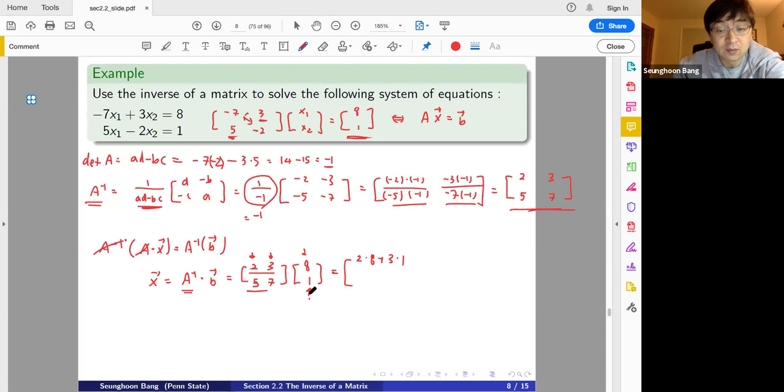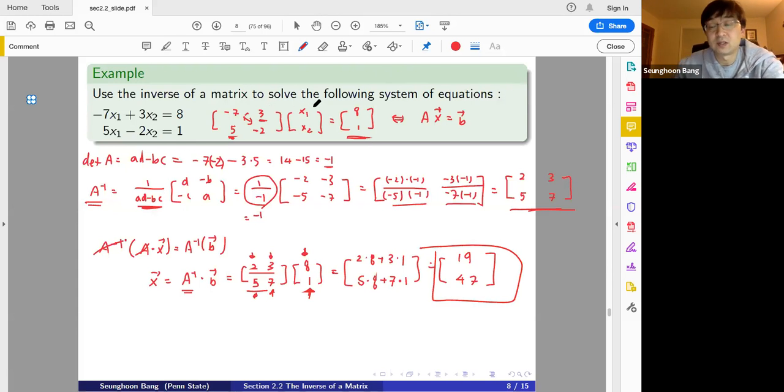The second row times this vector: 5 times 8 plus 7 times 1. So what's that? 16 plus 3 is 19. 40 plus 7 is 47. That's it. So this is the answer using the inverse matrix. This is the whole idea.